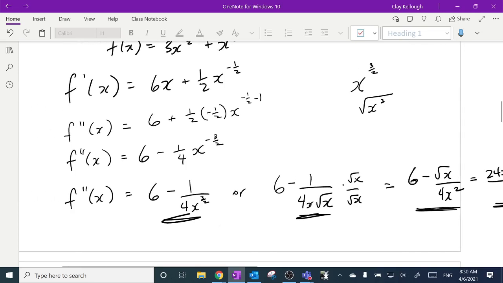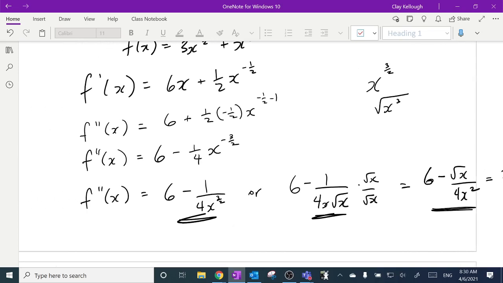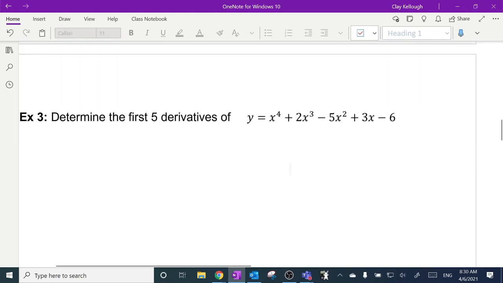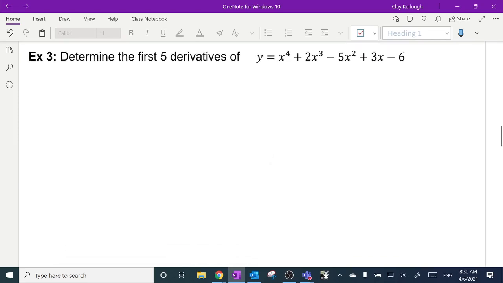Okay. Next, find the first 5 derivatives. All right, so one at a time. What's the first derivative?